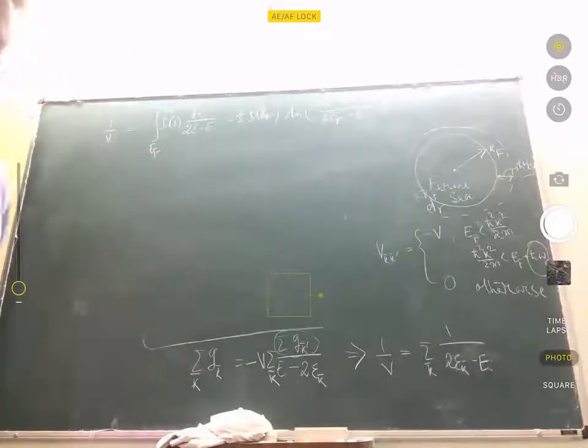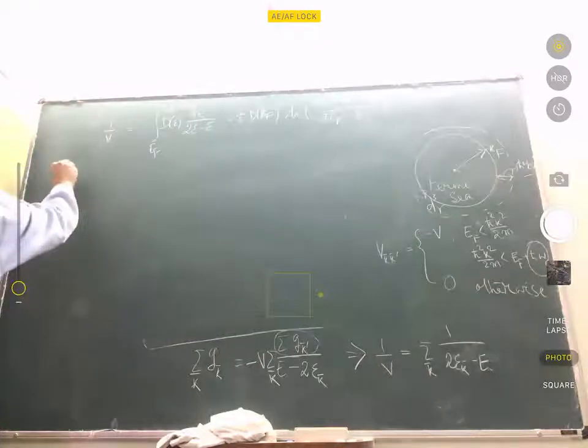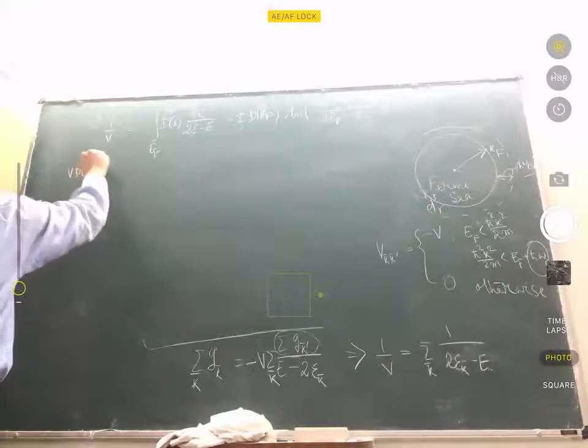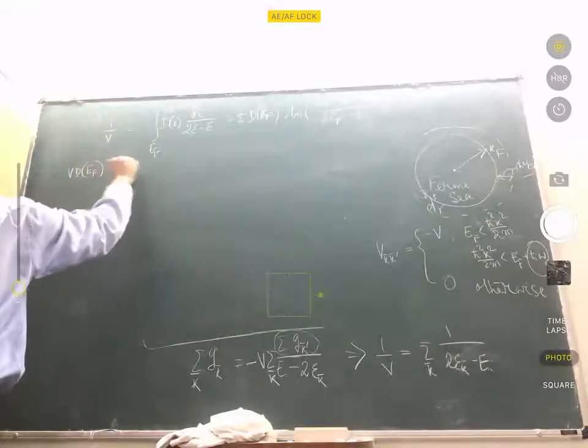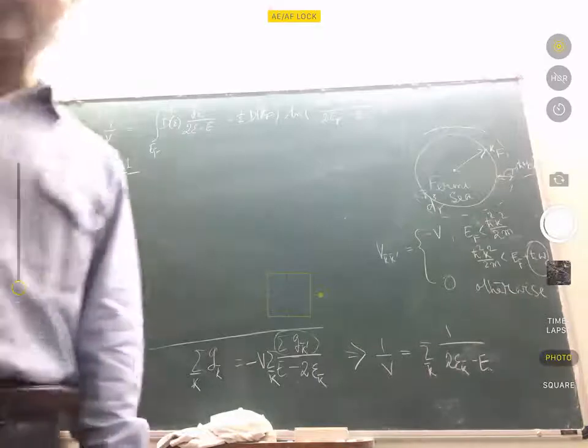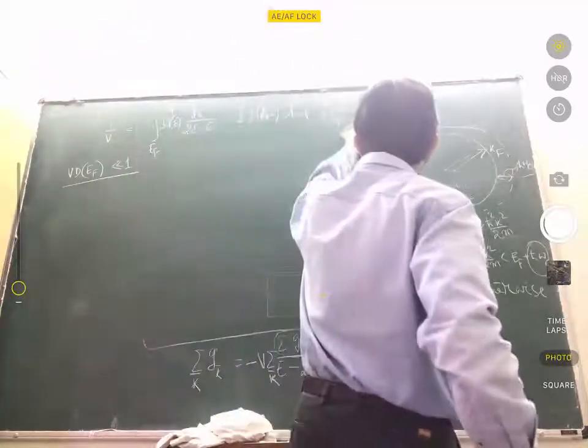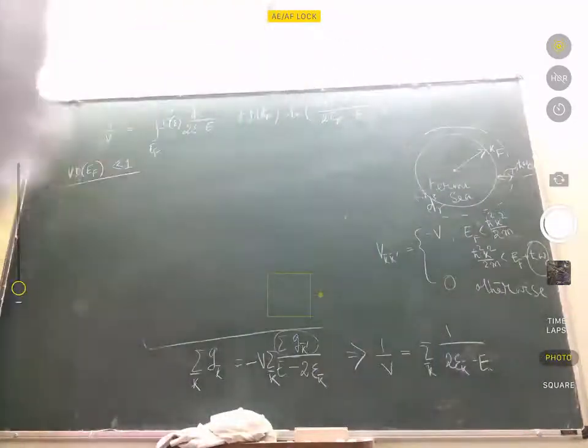Now we will be looking at a situation which turns out to be true for most of these conventional superconductors, is the condition that V times, so we'll be looking at this condition. All right, so basically what I'm trying to get here is an expression for E from this, okay?